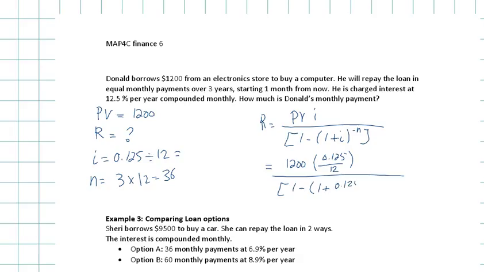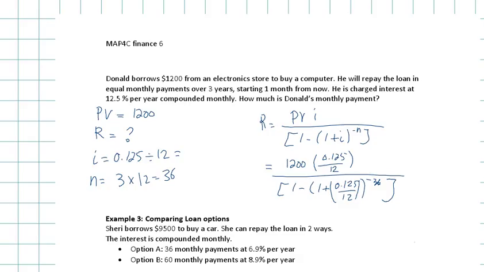Actually, in this case it doesn't matter whether you put brackets or not, but when you have a fraction, make sure you put it in brackets just in case. When you're solving for PV and dividing by I, you must put it in brackets. So get used to putting it in brackets.